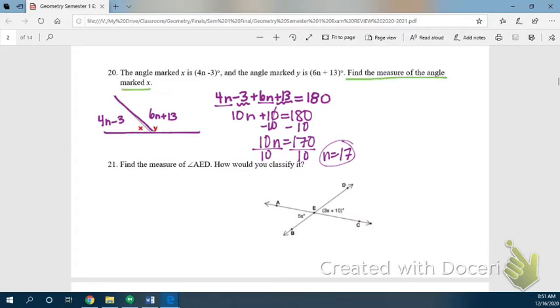It says to find the measure of the angle marked x. That x is 4n minus 3, and if our n is 17, to find that value of x, we need to do 4 times 17 minus 3. 4 times 17 is 68, minus 3. The value of angle x is 65 degrees.